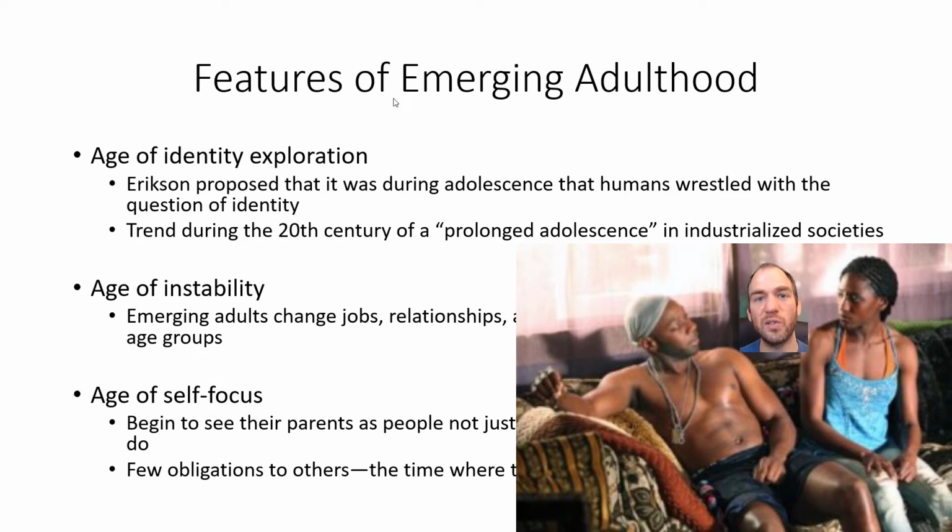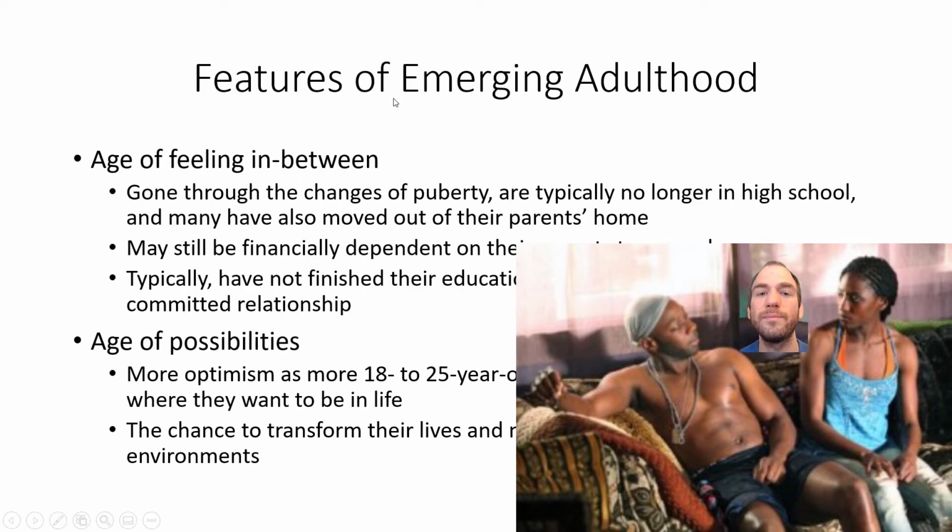Again, there are obviously variations across culture and across historical eras, but this is the globalized, general view here that's obviously debated. This is the classic trajectory, the classic features of emerging adulthood. Next, the age of feeling in between.